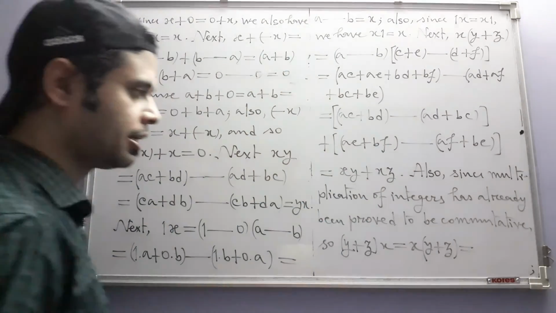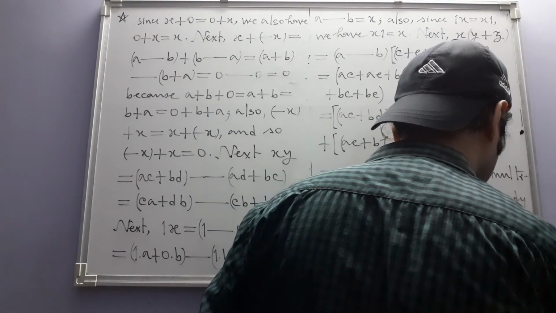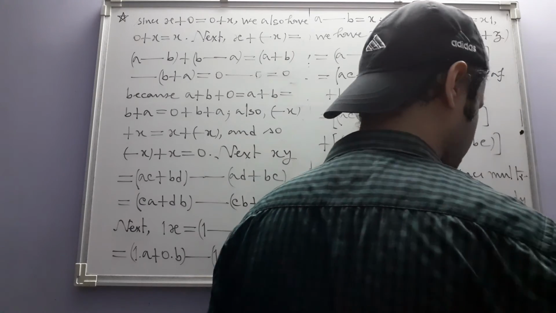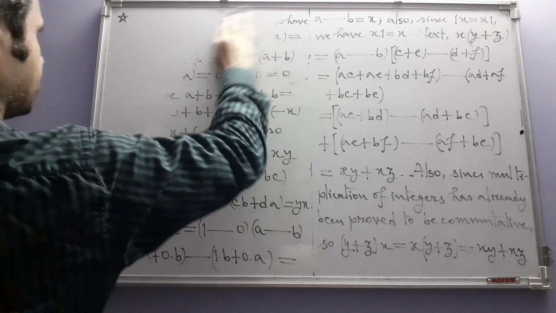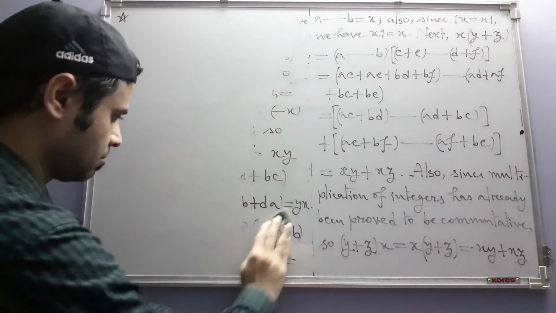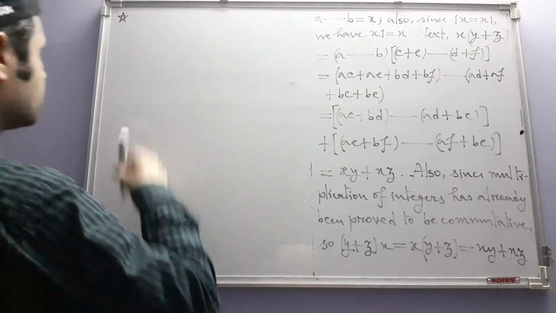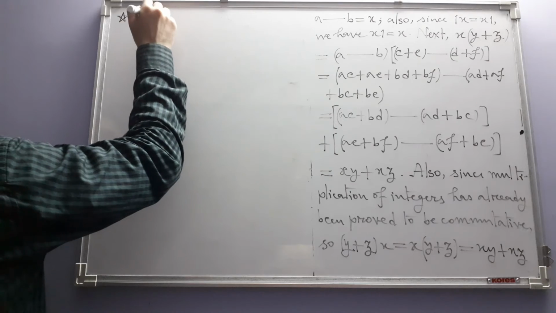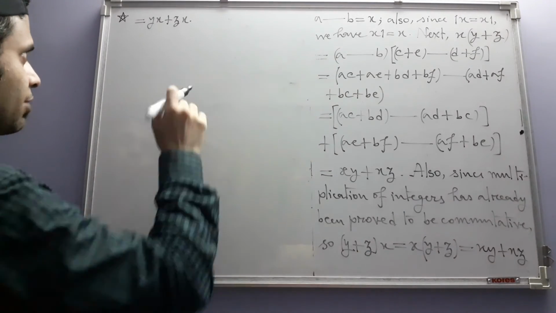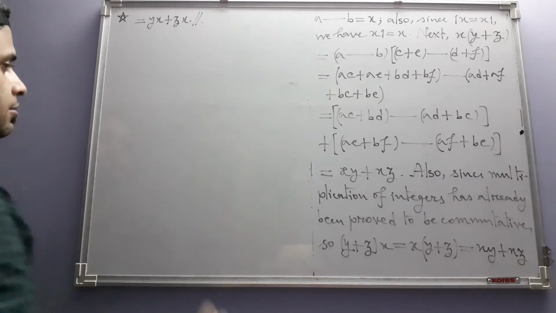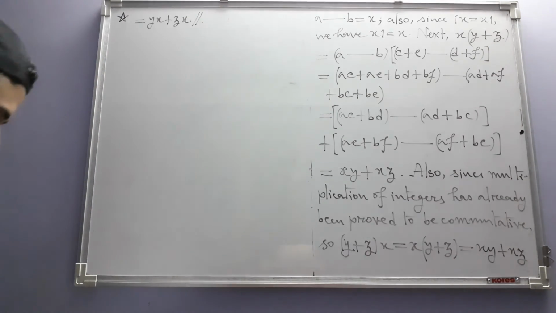Then we apply the distributive law we have proved just now to have xy plus xz. But then again you apply commutativity of multiplication, so write it as yx plus zx. So this finally proves all the remaining identities of proposition 416.